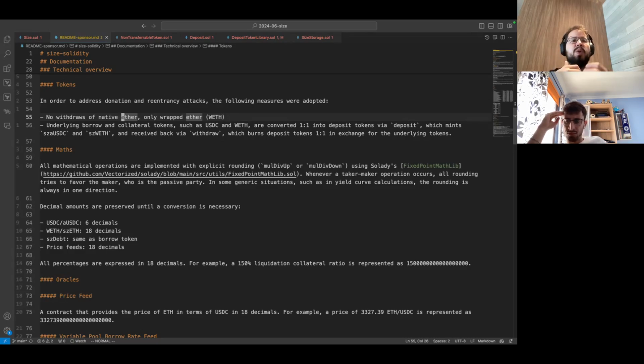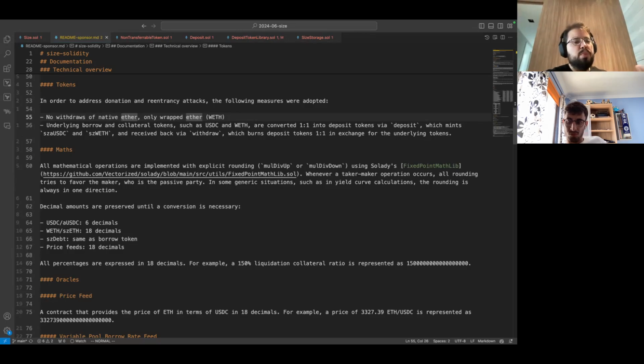I think this is also one of the trade-offs of speed and maybe security, because you can make sure that your functions are safe if you put a lot of time into it, and maybe you add some non-reentrancy in some places, maybe you make sure that checks, effects, interactions are being followed everywhere, but then you also need to test that, you also need to audit that, etc. And we decided to simplify it and not allow users to receive native ETH so that we can rule out reentrancy altogether and basically just focus on other parts of the protocol.